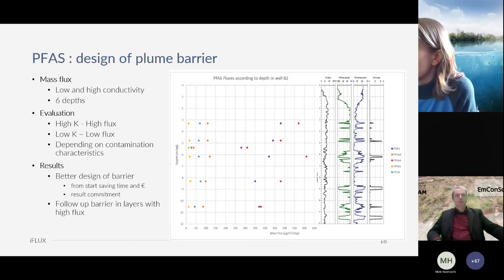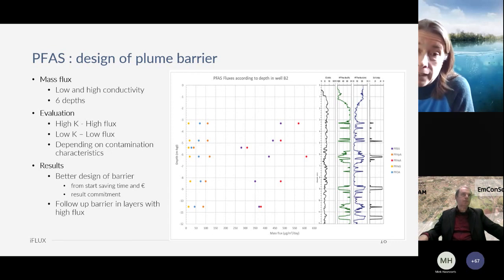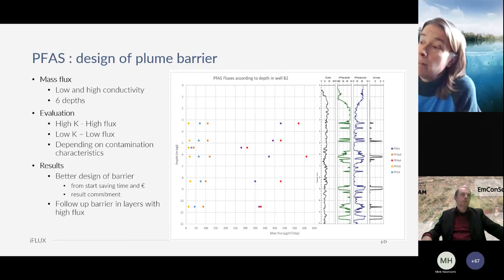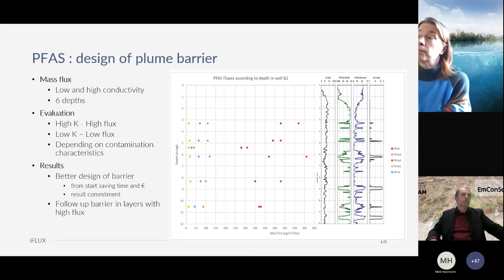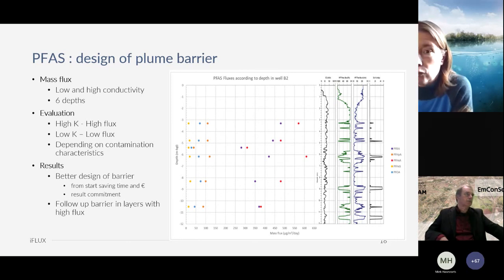So by performing flux measurements, it was calculated that more injection product was needed, and they could save time and money because they didn't have to go back to the site for a second round of injections. These results will also help the remediation contractor to commit to the objective of the barrier and to commit to the results.